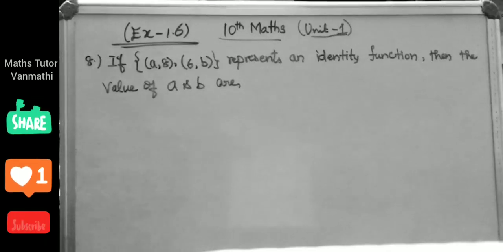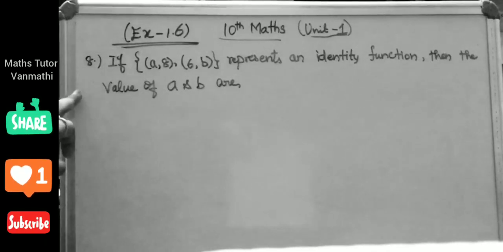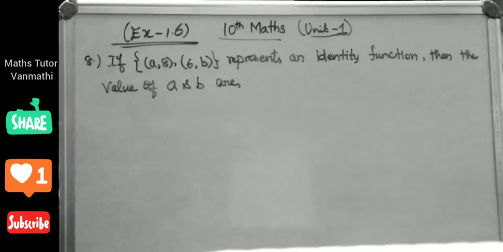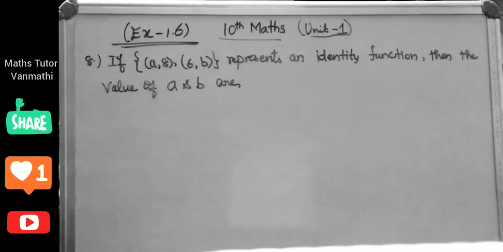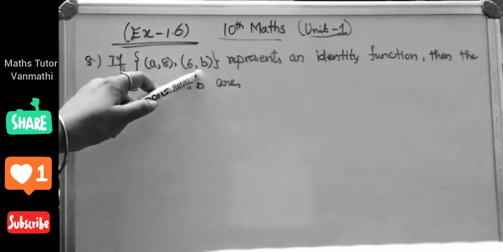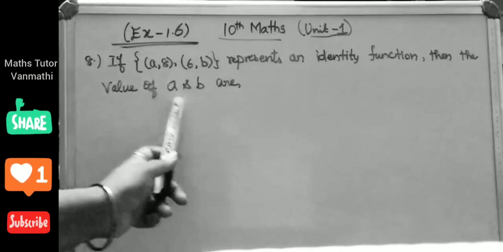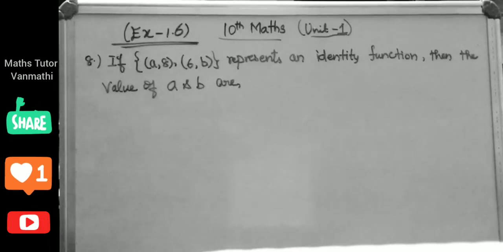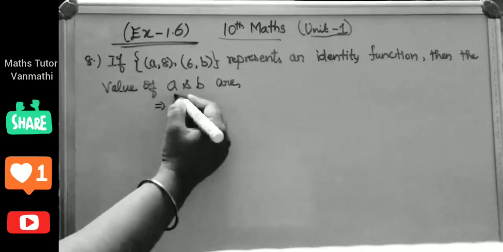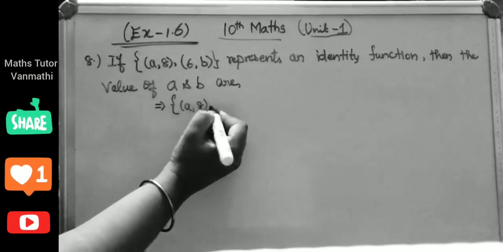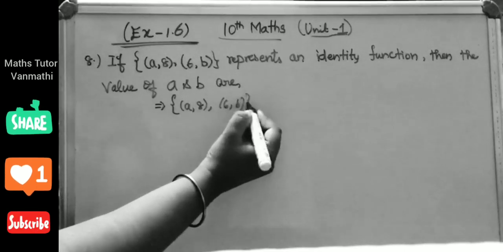This is your eighth problem. Today this is your last problem. If {(a, 8), (6, b)} represents an identity function, then the values of a and b are? That is, (a, 8) and (6, b) represent an identity function. Then we are going to find the values of a and b.